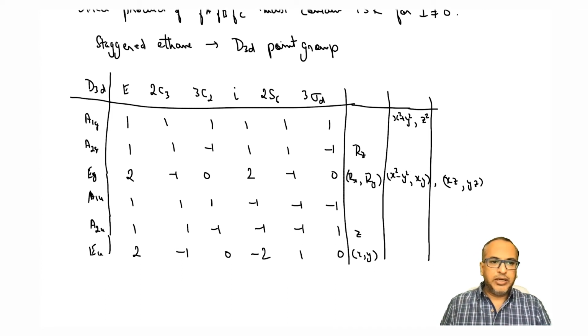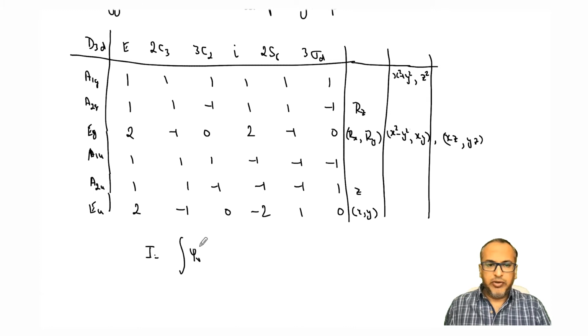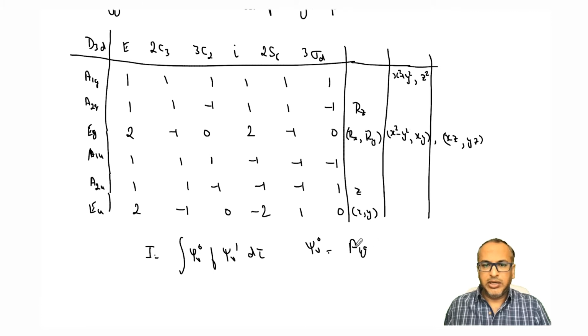Now I know that my psi v0 is, so I is equal to the integral of psi v0 f psi v1 d tau. Now psi v0 is A1g. It is given that it is the totally symmetric representation. F now can belong to any of these combinations with x, y, z, x square, y square, z square.